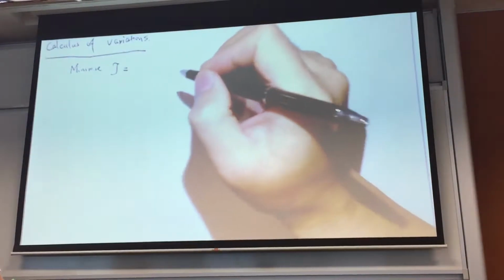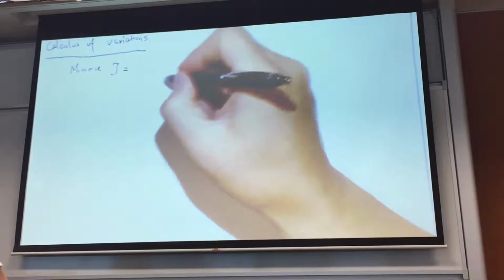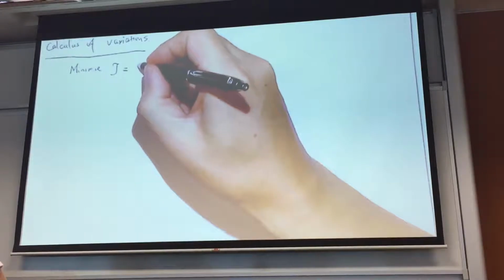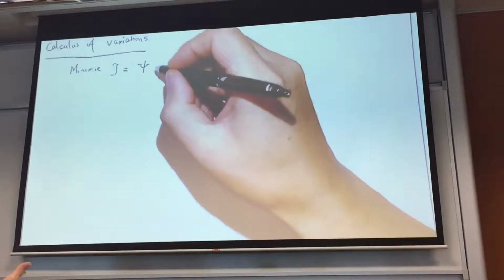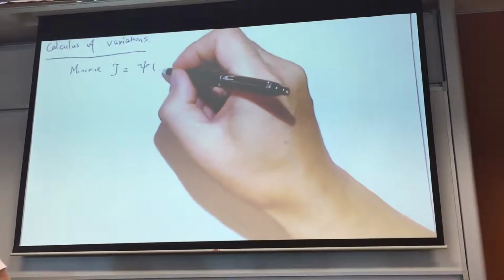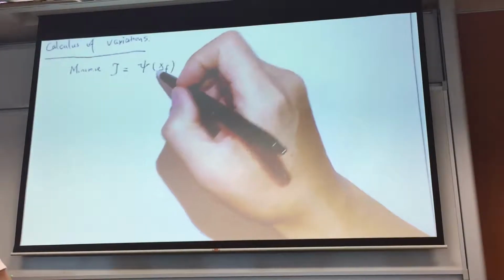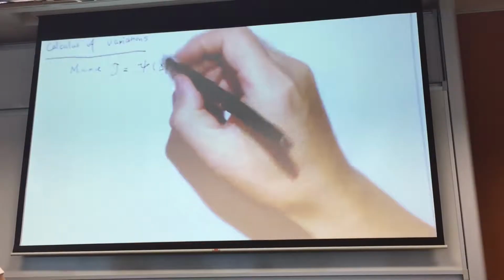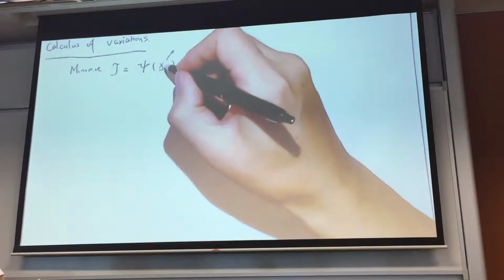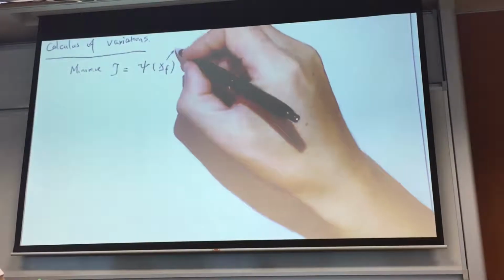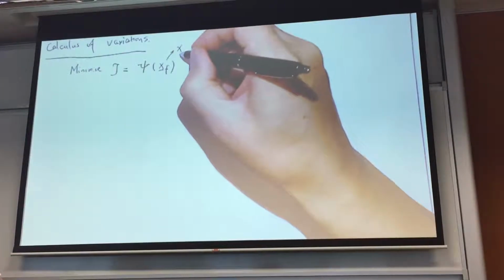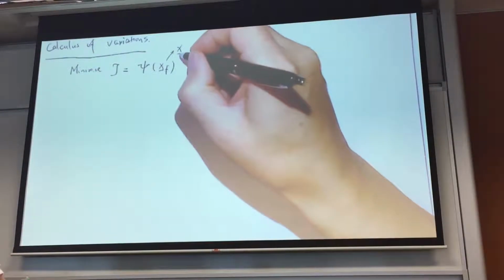So this cost function contains 2 parts. The first part is the function of the final state. So this part is only a function of the final state. The x_f, I use this notation to represent the state vector x.